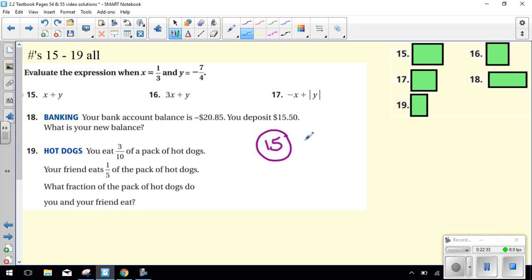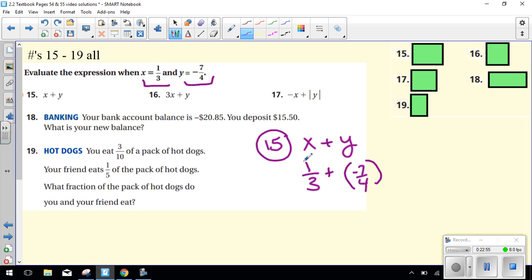We have x plus y. x is a third and y is -7/4. So I'm going to replace x with 1/3 plus, and in here I'm going to put y, -7/4.